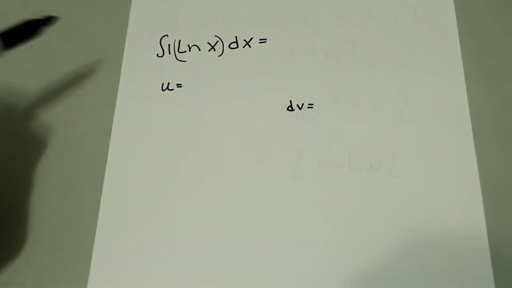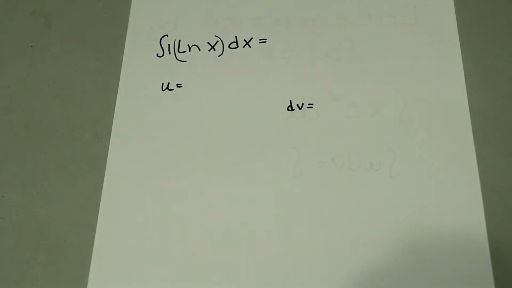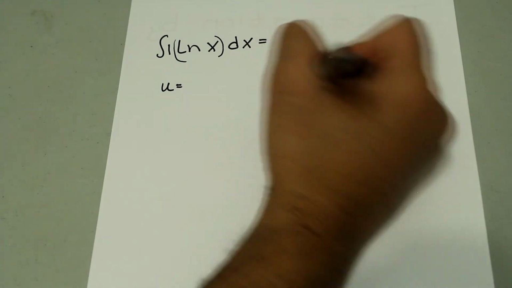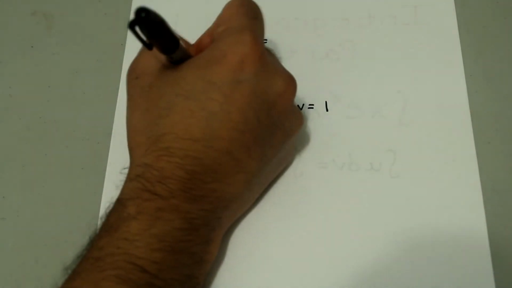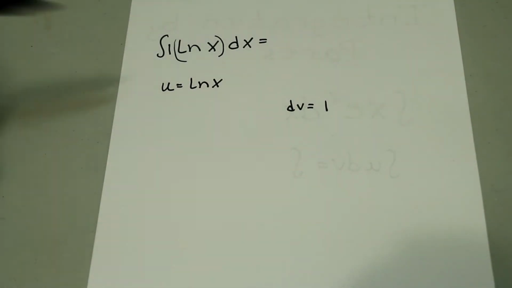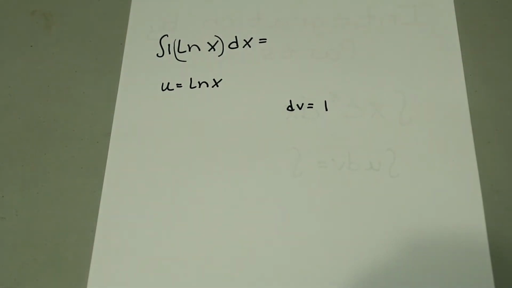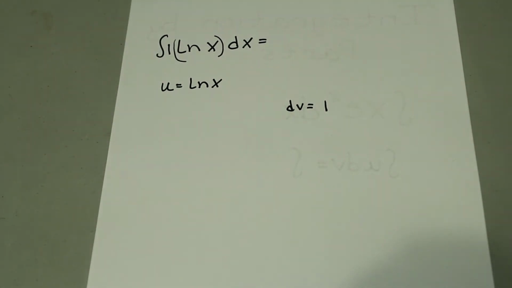Out of 1 and natural log of x, the easier one to integrate is 1, and the easier one to derive is natural log of x. Also, if we had set natural log of x as dv, we would have had to integrate dv to get v, and we'd be back to what we started with, so that wouldn't have helped. So automatically you know that natural log of x has to be u.